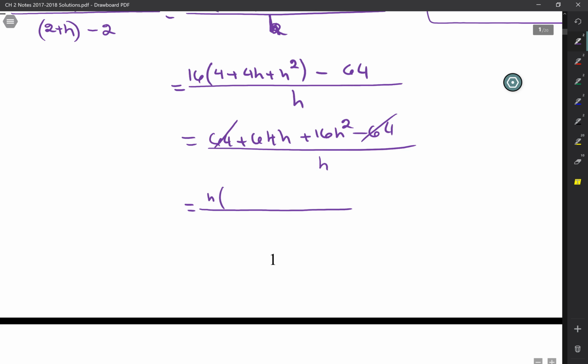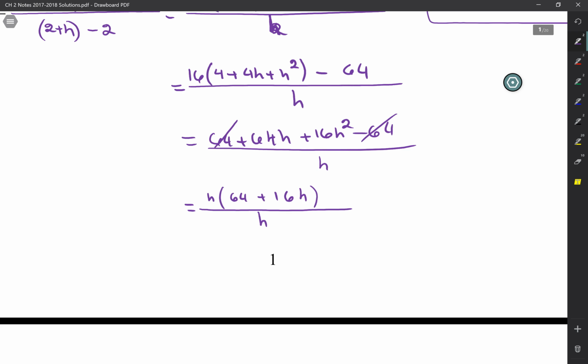Correct. So we're going to factor out an h, and we're going to have 64 plus 16h all over h. Okay. Now we cancel the h's, and the only reason why, a little bit of deeper math here.